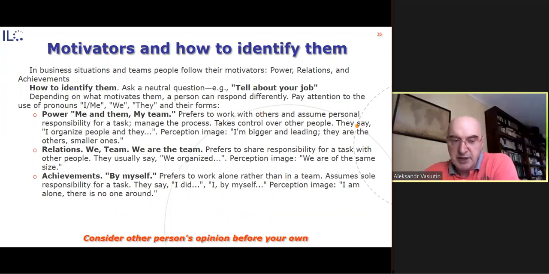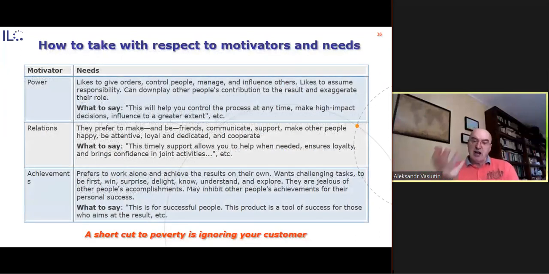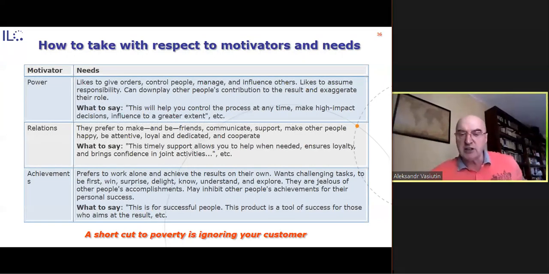And you will easily spot it, so you should sell power to a man of power. A man of power likes to give orders, control people, manage and influence others, likes to take responsibility, can downplay other people's contribution to the result and exaggerate their own role.